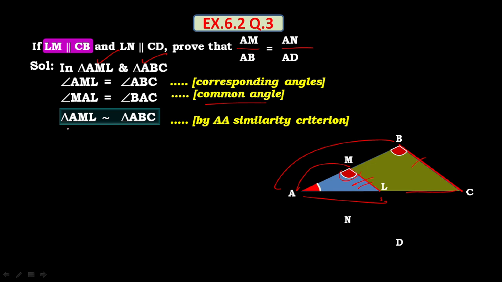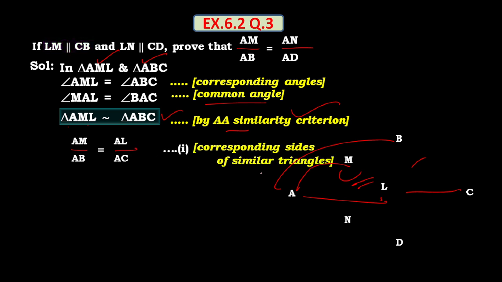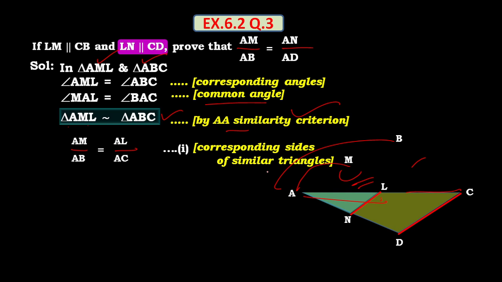Therefore triangle AML is similar to triangle ABC by angle similarity criteria. Then AM by AB is equal to AL by AC. Equation 1, corresponding sides of similar triangles are proportional.